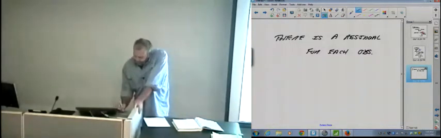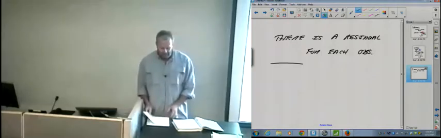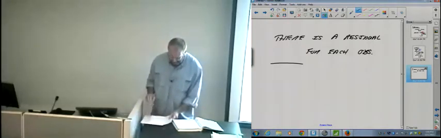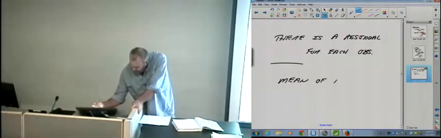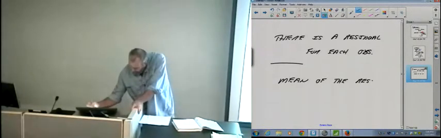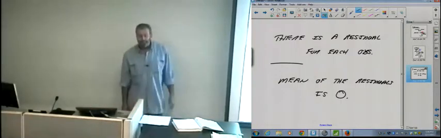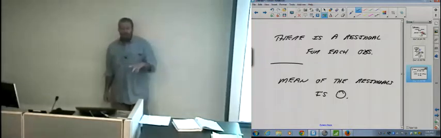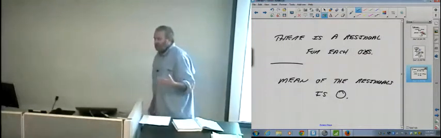Now, the other thought is, just out of the blue here, the mean of the residuals, anytime you do this, if you take the mean and the residuals, in other words, add them all up and divide by the total number, you'll get 0.